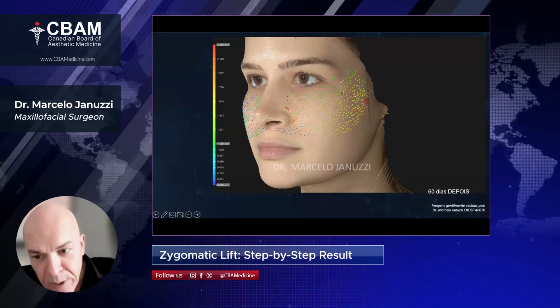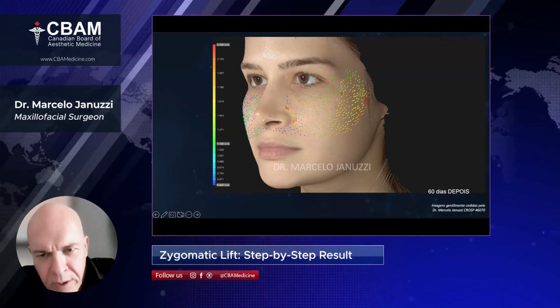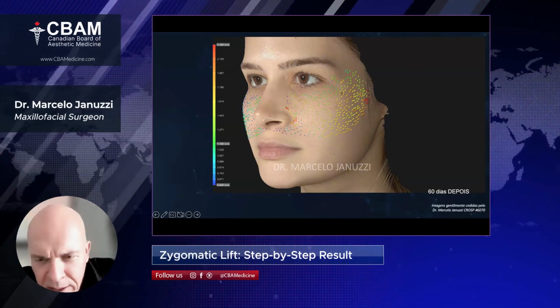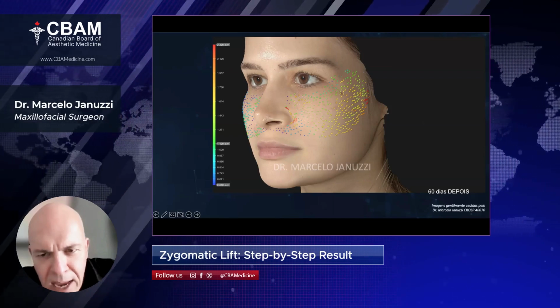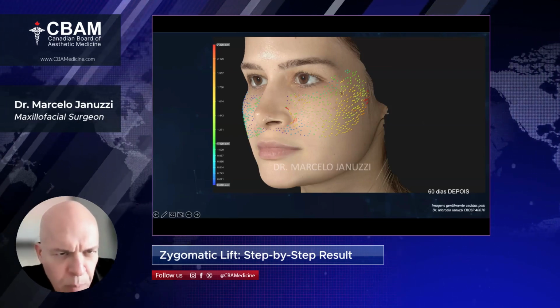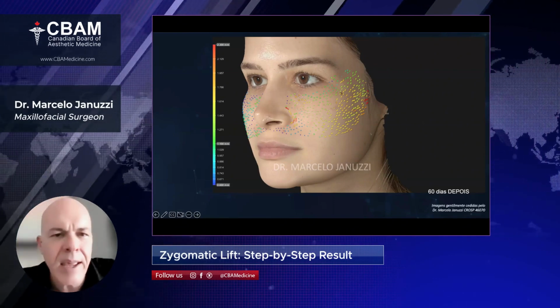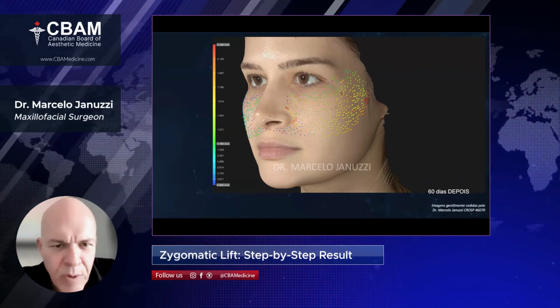It's very, very true. At 60 days, we can see the lifting effect in this lateral aspect of the zygoma area with 2.3 millimeters of lift. It's very, very important to do that in this area.